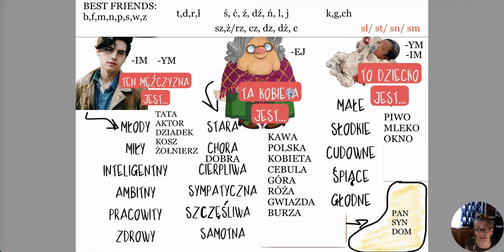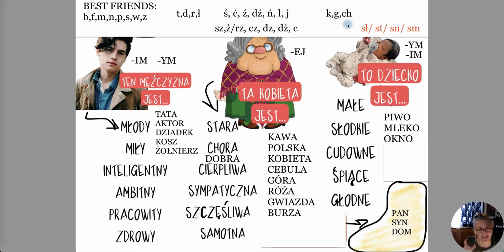So this is really important to consider two things: the gender of the noun and also the consonant. What is the last consonant after I drop off the last vowel? Because this will be really important, what rule you will have to apply in order to change that noun in the proper case, in a proper form, right?